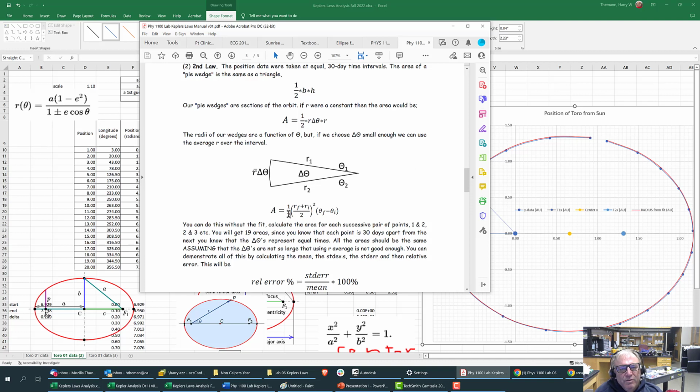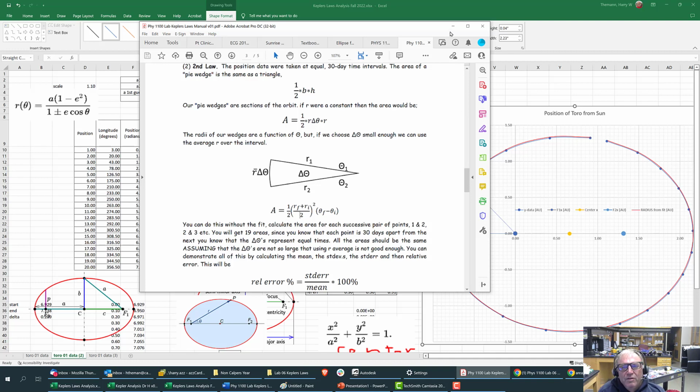So we're going to use 1/2, that's the average of the two, and I have final and initial because you're going to do it over and over again, and square it, and delta theta. And yes, to be completely precise, this equation gets the area of a pi wedge.